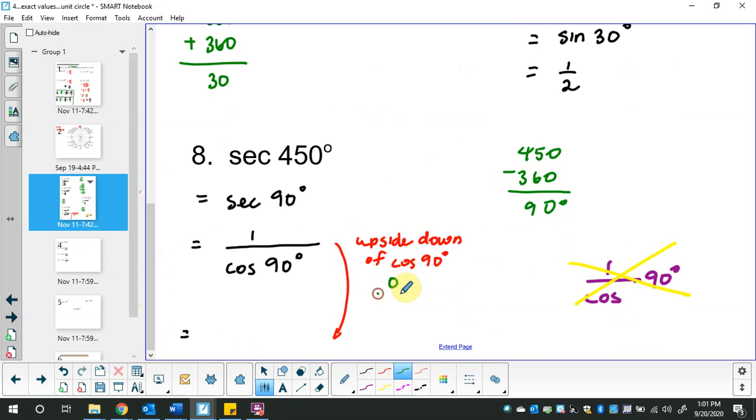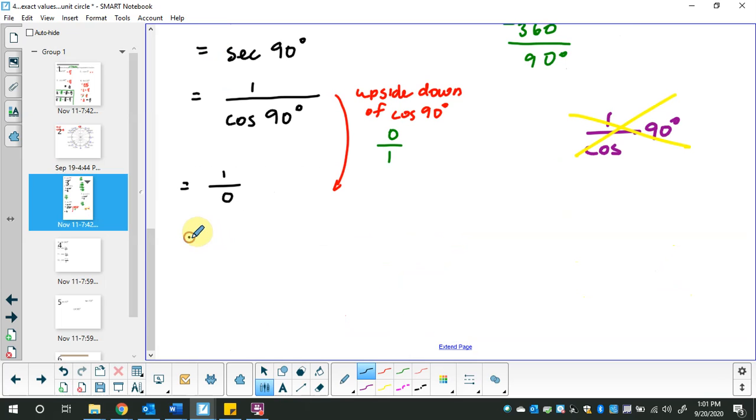So 0 is 0 over 1. The upside down of that is 1 over 0, and I hope you realize that 1 over 0 is undefined. You could possibly see an answer of infinity, just so you know. At this point, I prefer undefined.